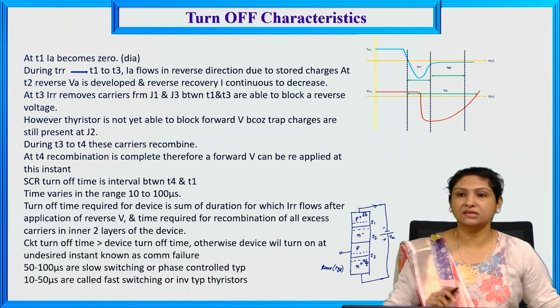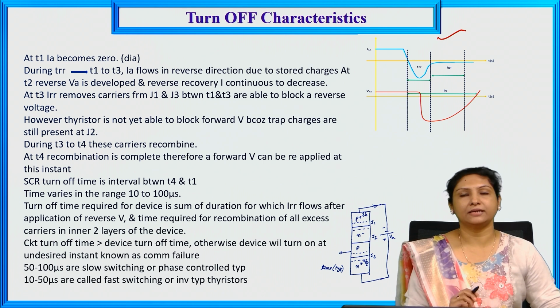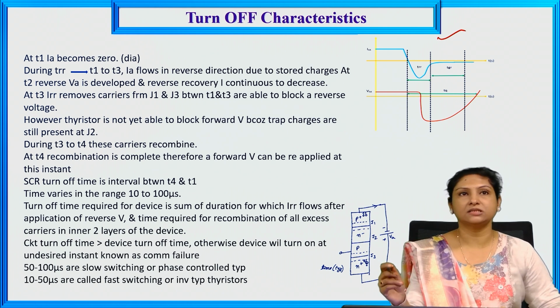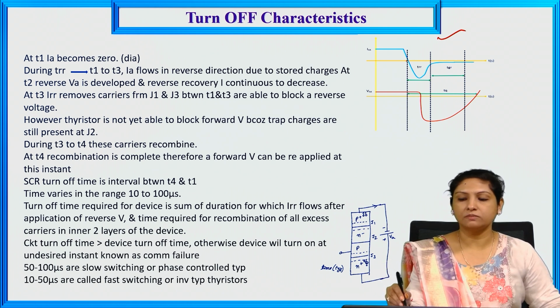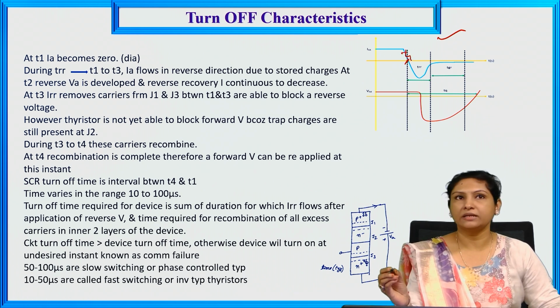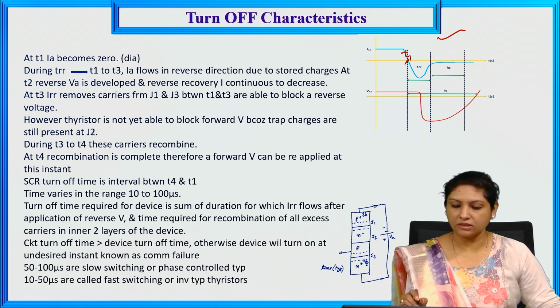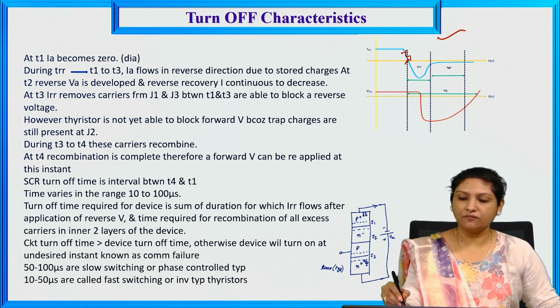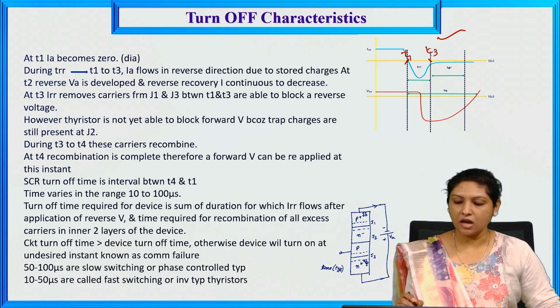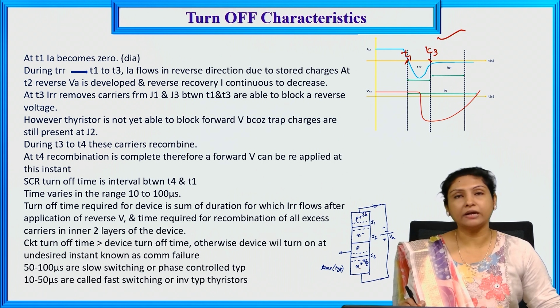Let us see these turn-off characteristics in detail. At T1, anode current becomes 0. From T1 to T3, the charge carriers from the outermost layers, that is the outer P layer and outer N layer, will be removed.